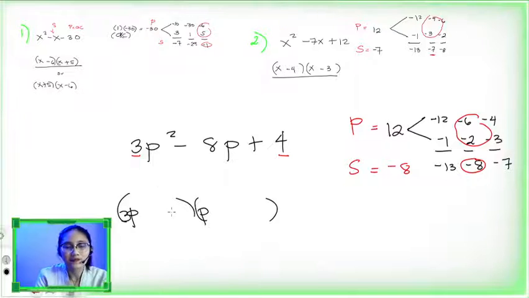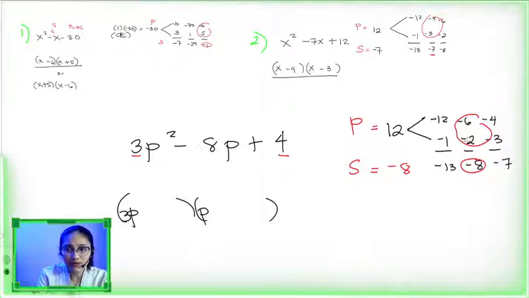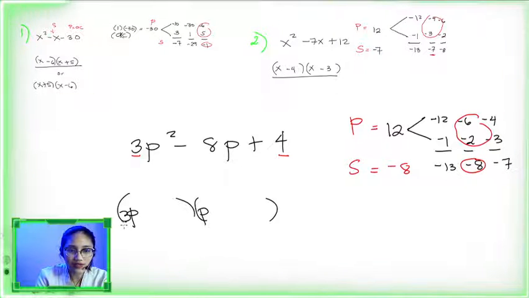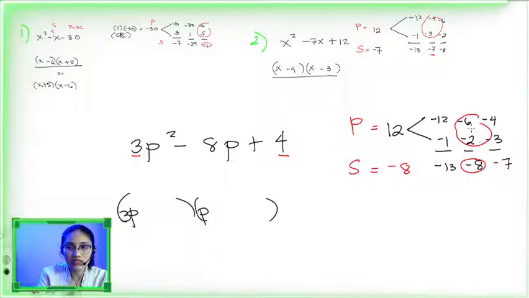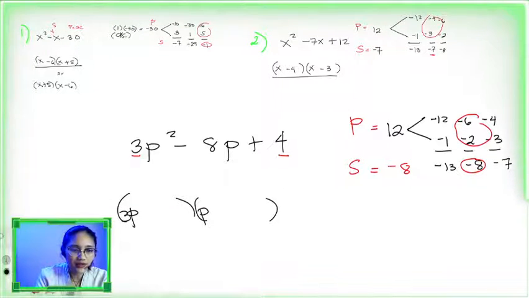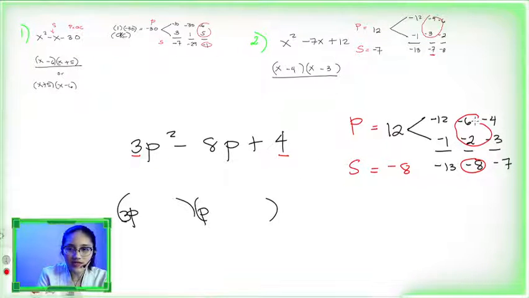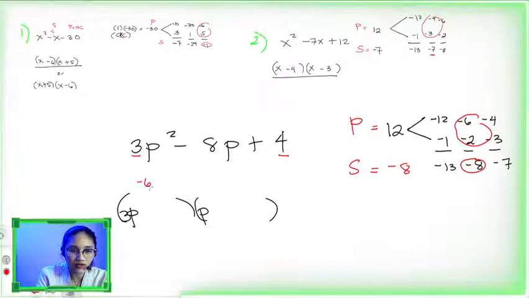So, correct yan. Now, between negative 6 and negative 2, which one is divisible by 3? Ano daw ang divisible by 3? Pag dinivide natin si negative 2 by 3, the result will not be a whole number, hindi exact. So, ibig sabihin, si negative 6 ang divisible by 3. Ganun lagi ang checking natin, ha? So, since negative 6 is divisible by 3, isusulat lang natin yan dito.